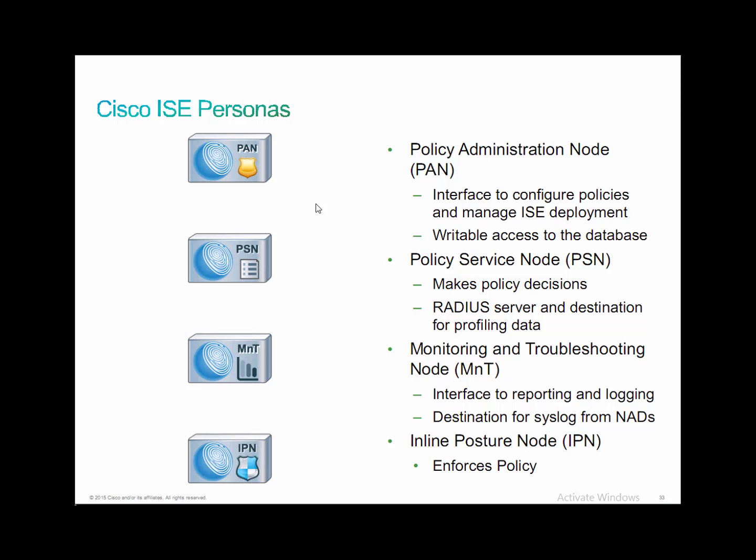It also processes all the network messaging that pertains to the ISE deployment itself, things like DHCP, Cisco Discovery Protocol, NetFlow, RADIUS, and so on. And again, like I mentioned before, any node that implements the policy services persona is referred to as a PSN, or policy services node.